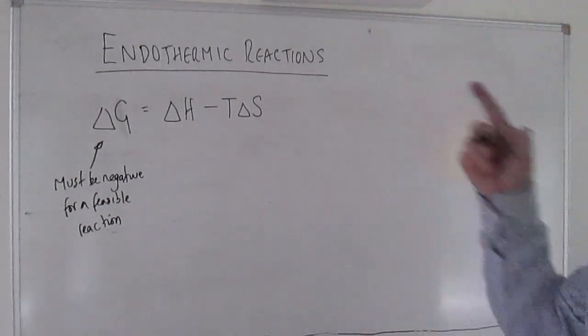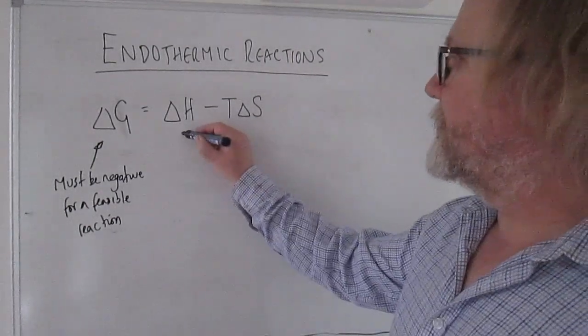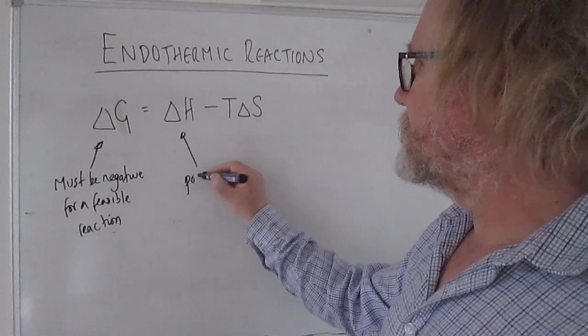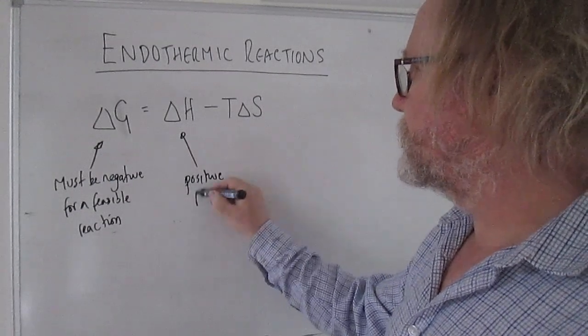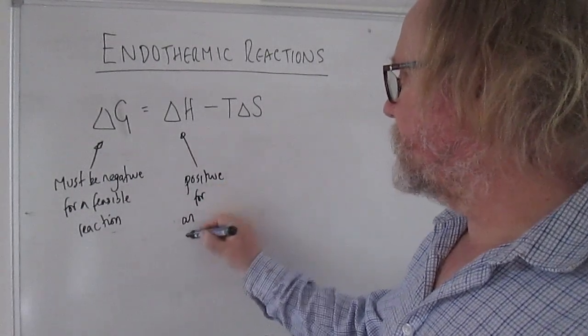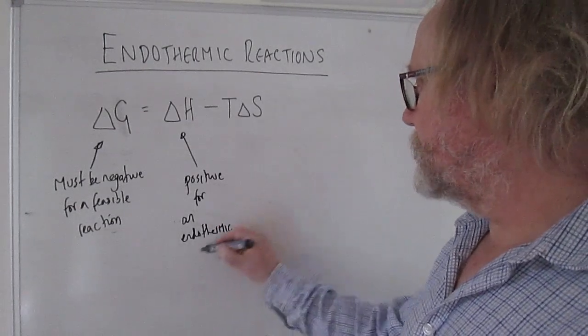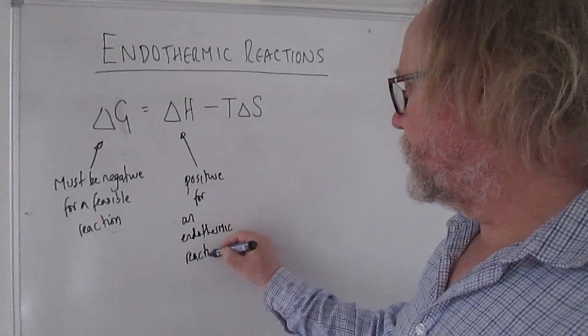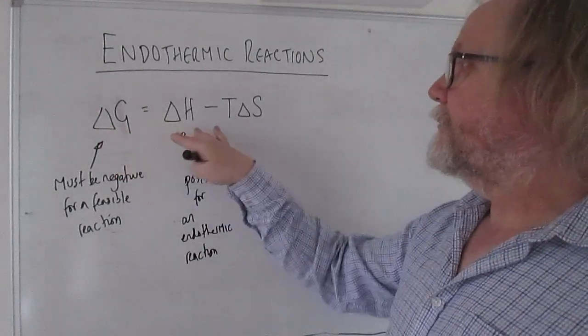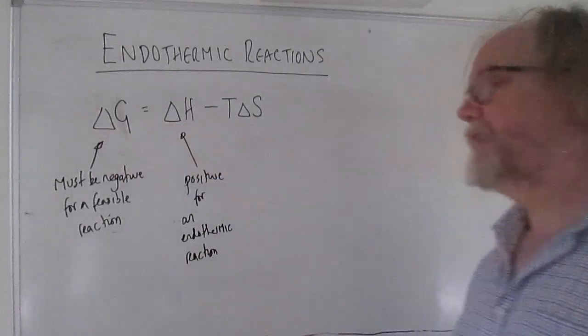And yet, if a reaction is endothermic, then delta H is positive. So you can see that that's unhelpful, right? Because what it's saying is that the answer has to be negative, but we're starting with a positive number.